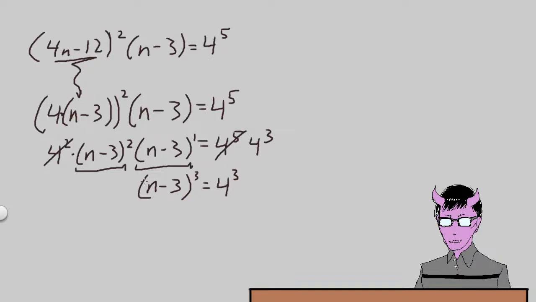The operation that you can perform is raise both sides to the power of 1/3. But since we successfully matched it, we can just drop the exponents, because they're not even powered exponents. So no need to worry about negative shenanigans. So n minus 3 is equal to 4, add 3 to both sides, and n is 7. Good to go.